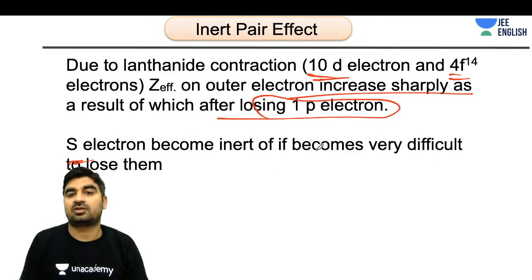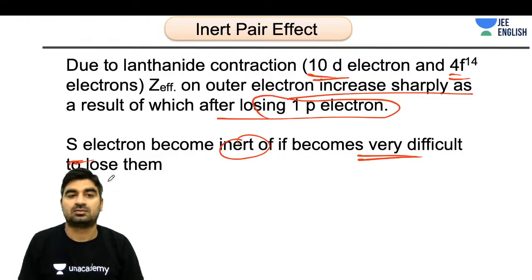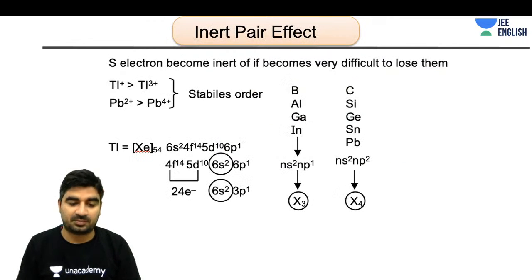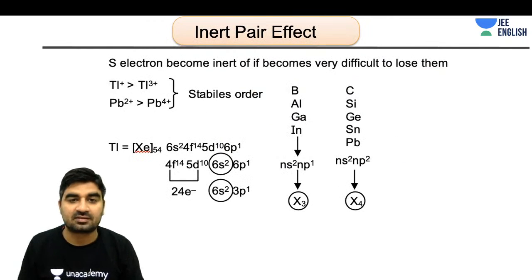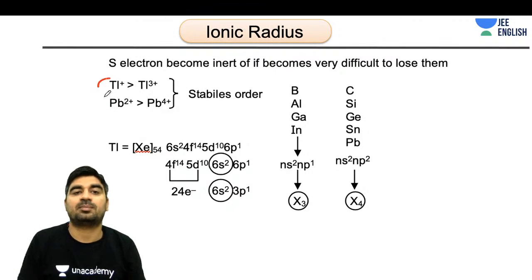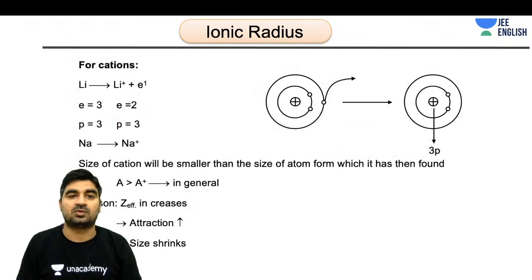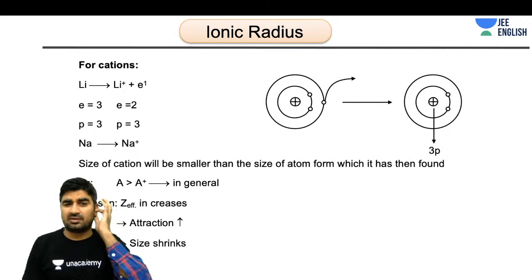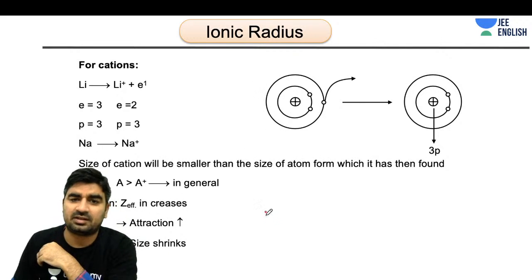So Tl+1 is more stable, Pb2+ is more stable. I will take up the radius of cations and anions in the next class.